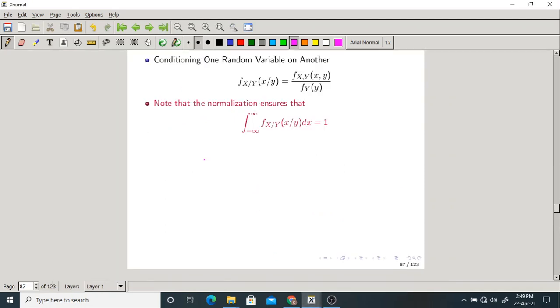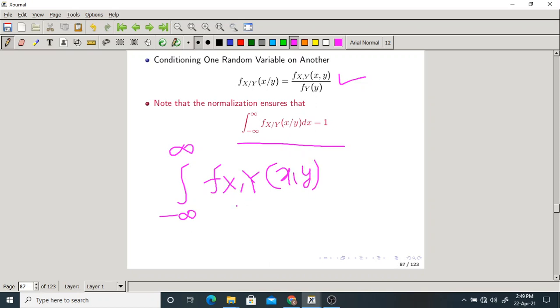Now, this is the property of normalization. Can you prove this? What do you do here? This is the formula of f of x given y. Substitute here. What do you get? Integration from minus to plus infinity of f of x comma y of x comma y divided by fy of y dx. Here we are integrating with respect to x.